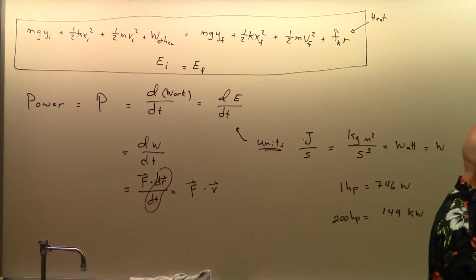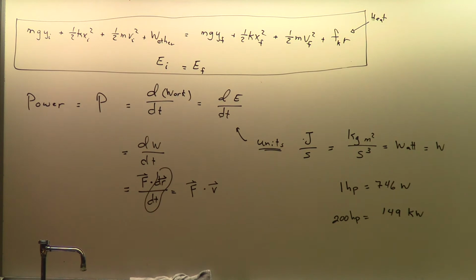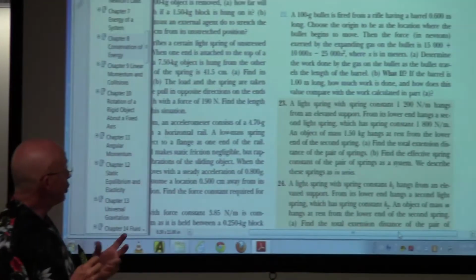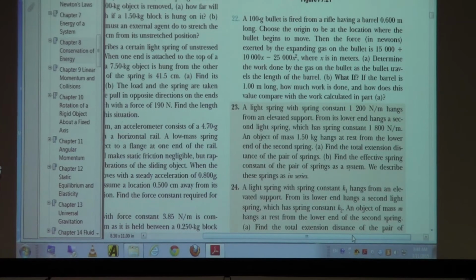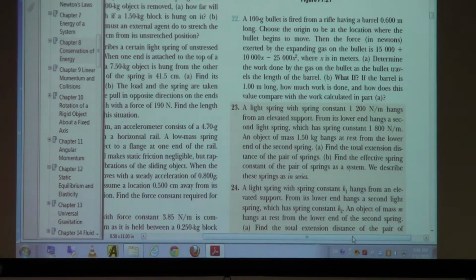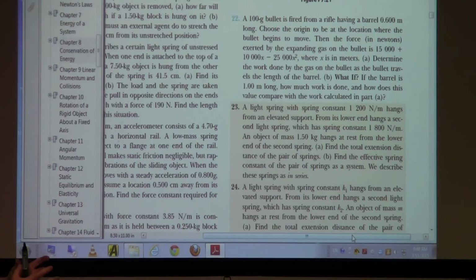22 says that you have a 100-gram bullet. It is fired from a rifle having a barrel of 0.6 meters long. Choose the origin to be the location where the bullet begins to move. And if you do that, it says the force in newtons created by the expanding gas of the gunpowder is given by this equation.